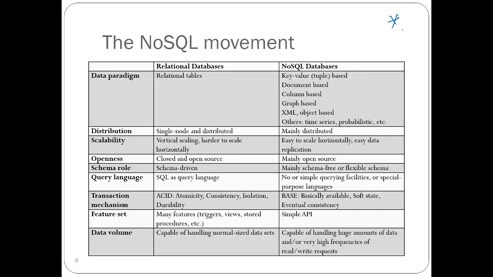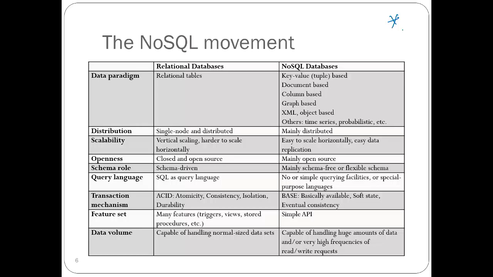Scalability is something that we looked at in the last class. What we saw was vertical scaling versus horizontal scaling. In the case of relational databases, it is more convenient to do vertical scaling. Vertical scaling means making our server more efficient in terms of computation as well as data storage.